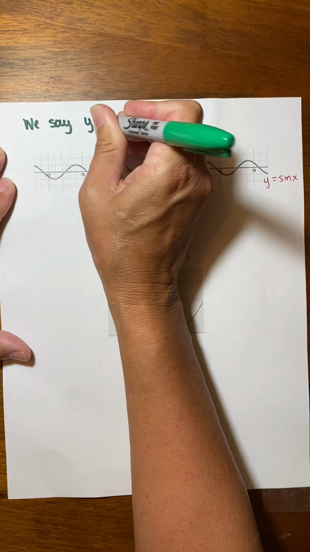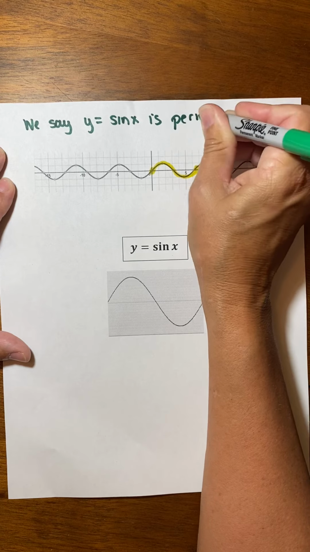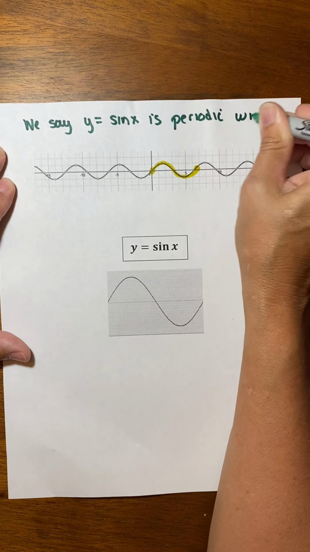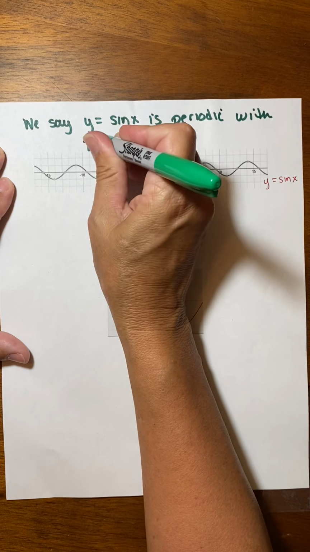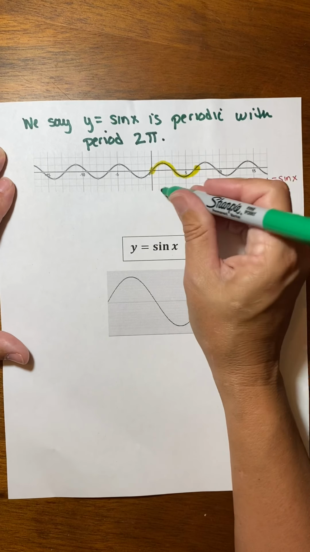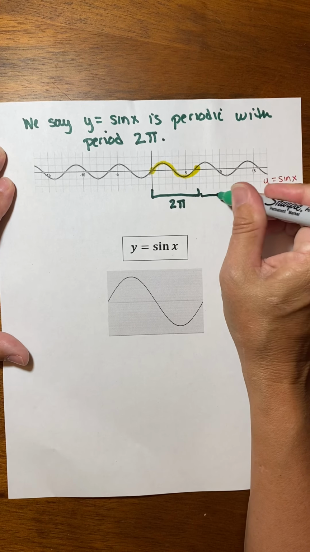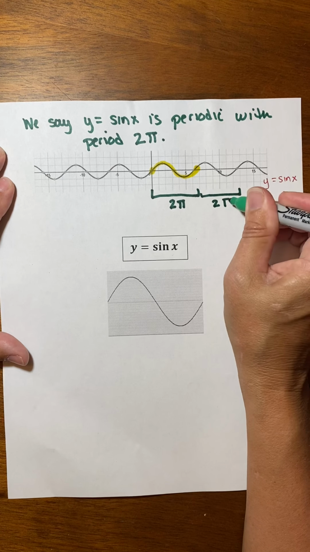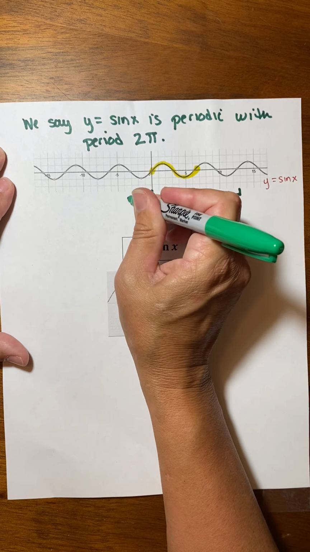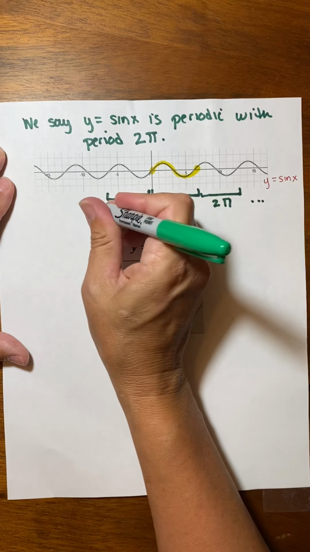So we say y equals the sine of x is periodic with period 2 pi, meaning it repeats itself every 2 pi. Then it repeats itself again, 2 pi, repeats itself to the left, 2 pi, forever and ever.